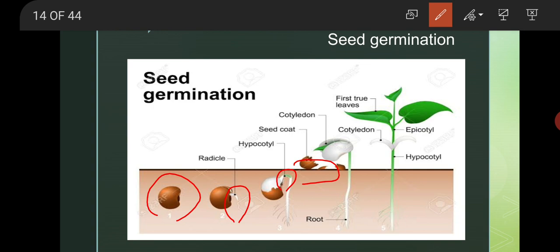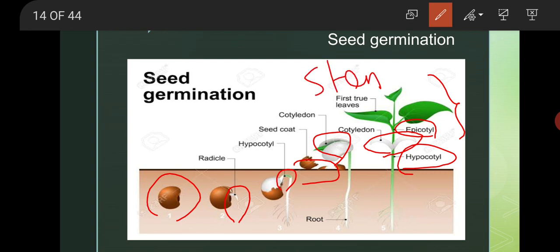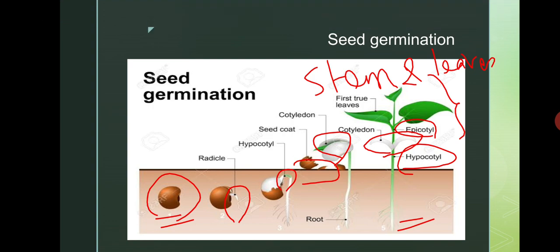And cotyledon provides the nutrients and it is the fleshy leaf with the growth of seedling. Hypocotyl anchors the plant into the soil firmly. Epicotyl forms the entire plant shoot system, that is stem and leaves. And the entire process, that is from seed to plant, is called seed germination.